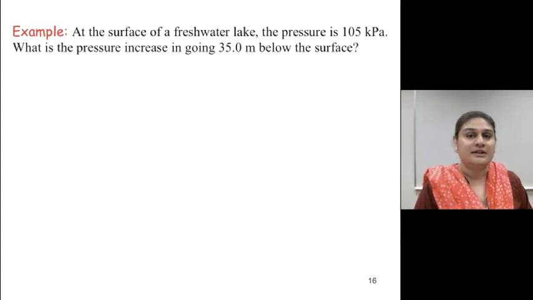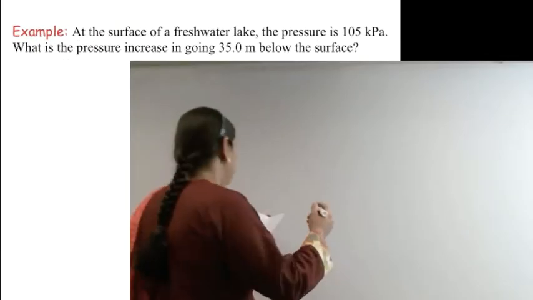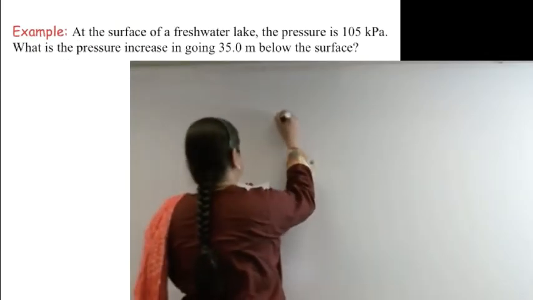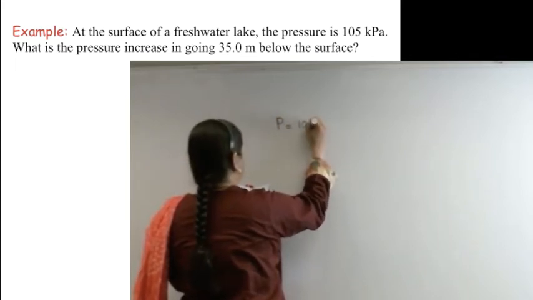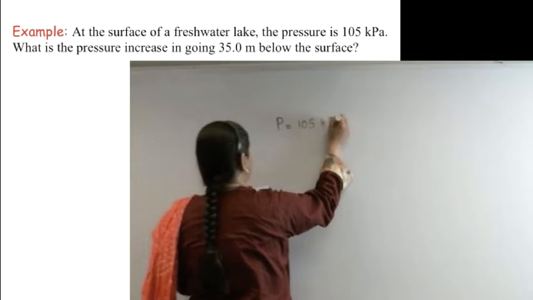Okay, now let's look at an example. At the surface of a freshwater lake, the pressure is 105 kilopascals. What is the pressure increase in going 35 meters below the surface? Here, they are saying that on the surface of a freshwater lake, the pressure is 105 kilopascals.